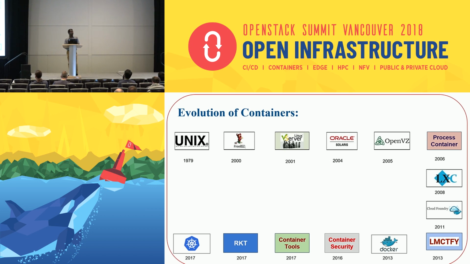And chroot was actually added in 1982 to Unix, and then it comes to FreeBSD jail, to achieve a clear-cut separation between its services and those of its customers, to give security and isolation to its administration.